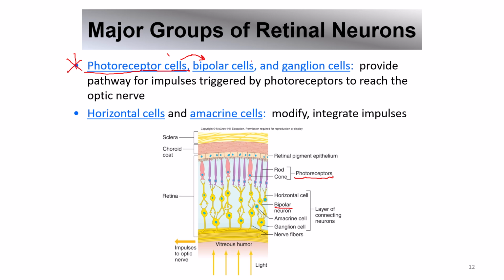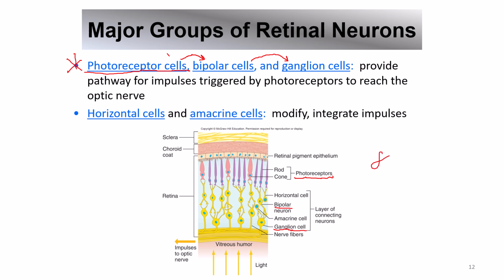Then the bipolar cells activate the ganglion cells. The ganglion cells are labeled here. Ganglion cells have very long axons. Their axons are actually what make up our optic nerve.